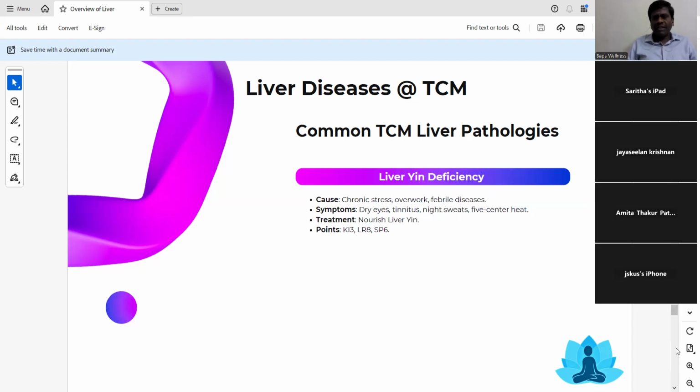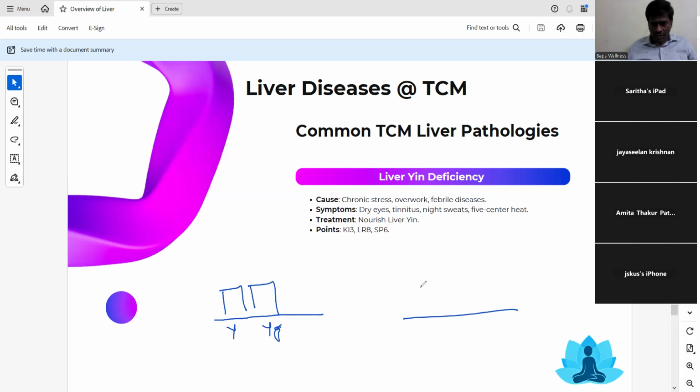Case of liver yin deficiency. Already we have seen fire. Here it is liver yin deficiency. That is two conditions. This is yin and yang.